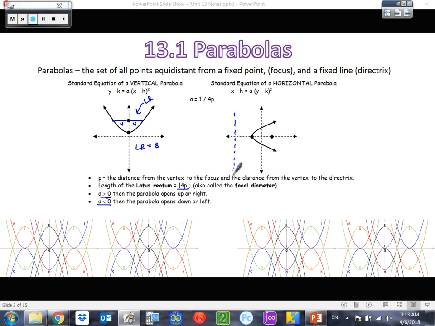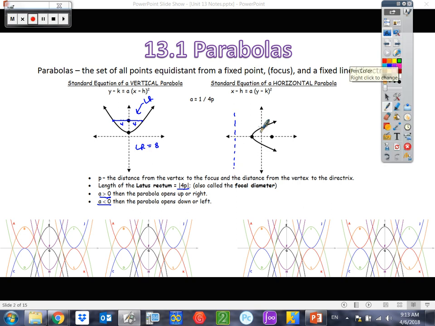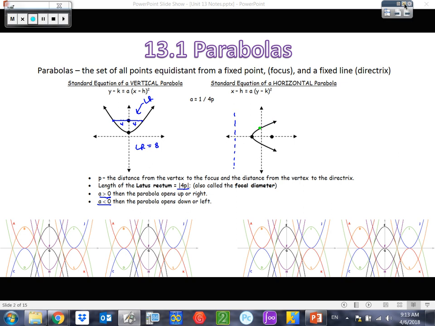We're just going to use this as an example. Let's say I'm looking at a point right here. Please know that this parabola is not drawn to scale. What this definition tells us is that every single point on the parabola has an equal distance from the directrix and from the focus. So those distances would be equal. No matter what point I choose on the parabola, the distance to the directrix and the distance to the focus are equal.